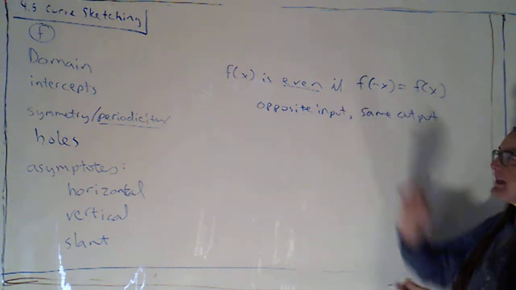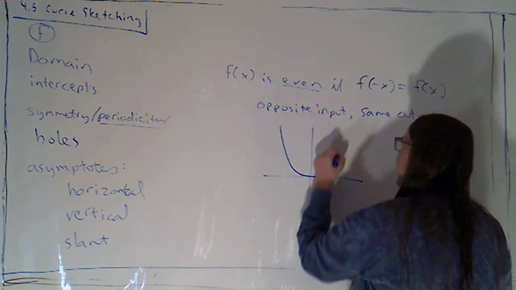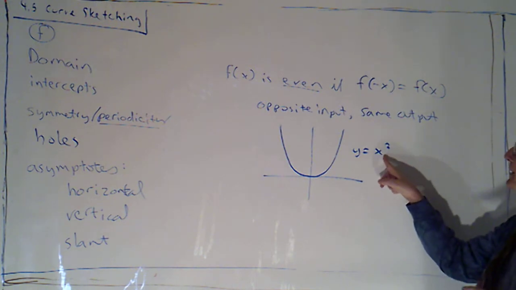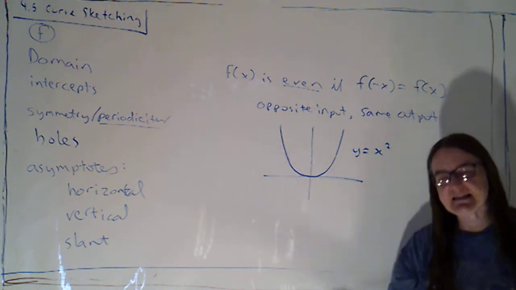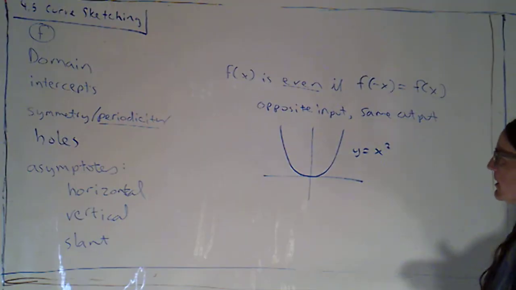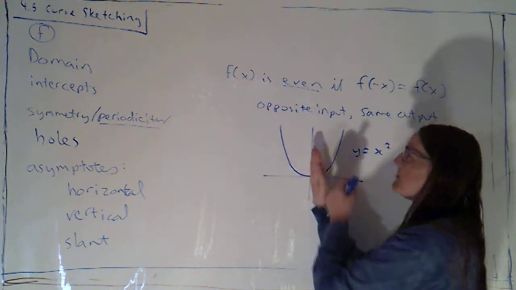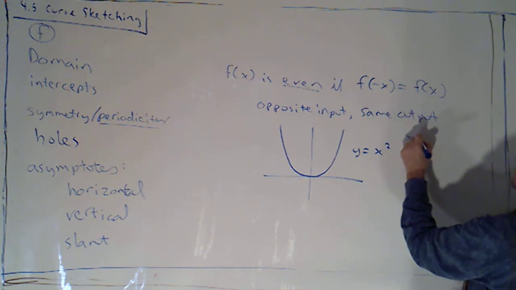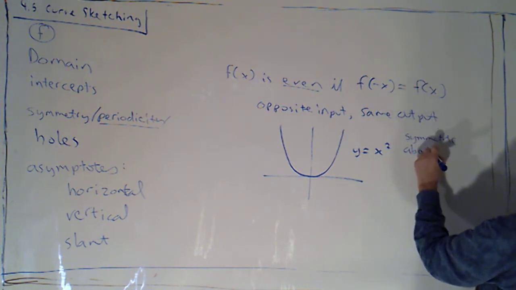Now we call those even functions because a classic example would be any even power function. If I take y equals x squared, if I plug in 2 or negative 2, I get exactly the same thing. When you look at the graph of an even function, you can see that the left-hand side is just a mirror image of the right-hand side. So we would say that this is symmetric about the y-axis.